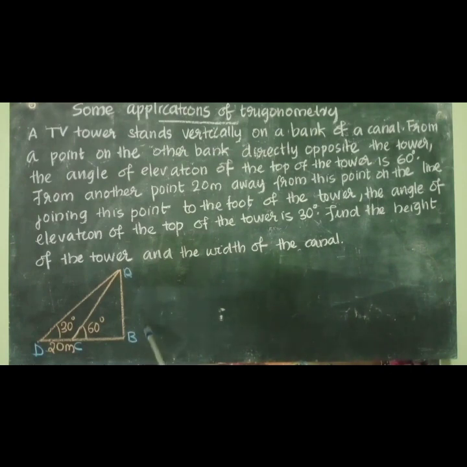So here is given the figure in the question. Here this AB is our tower and BC is the canal. The tower is on the bank of the canal. From the other bank, a person is looking to the top of the tower at an angle of elevation of 60 degree.